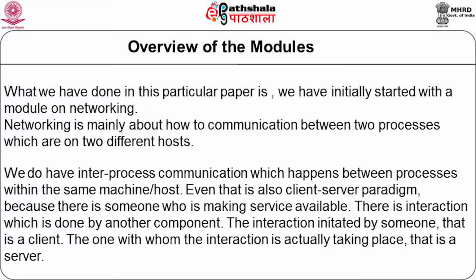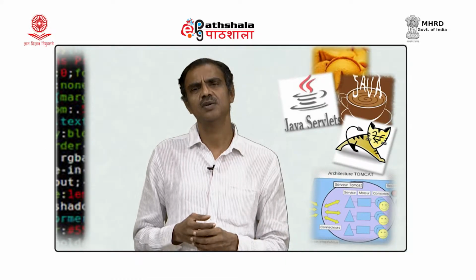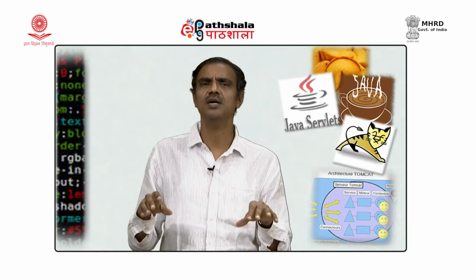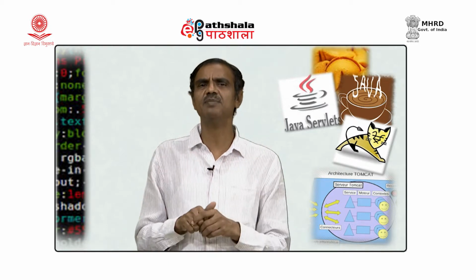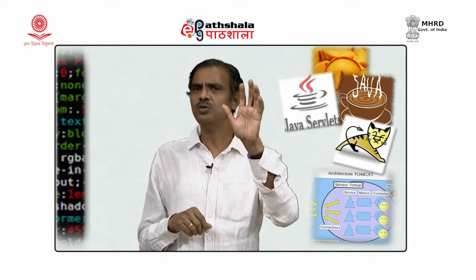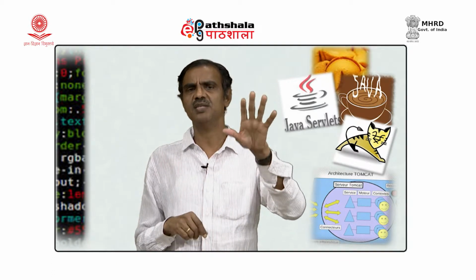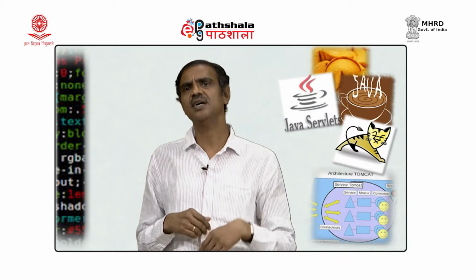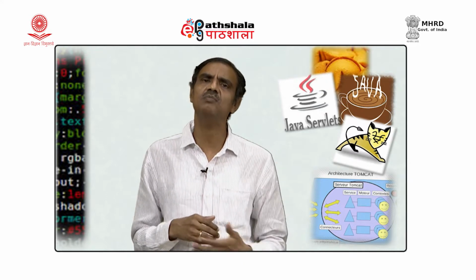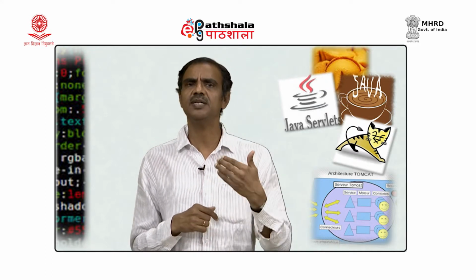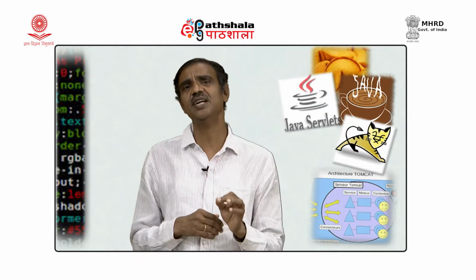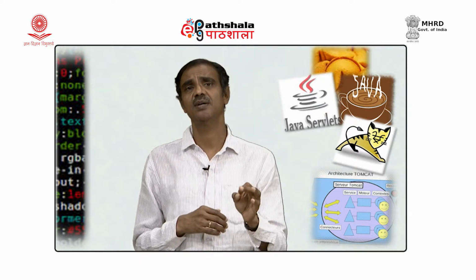We do have inter-process communication which happens within the same machine. Even that is also a client server paradigm, you can say, because there is someone who is making a service available, fine. There is someone who makes a service available, and then there is an interaction which is done by another component. So, component to component interaction, the interaction initiated by someone, that is a client.